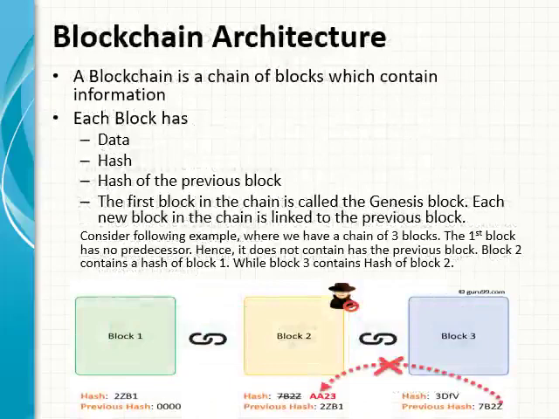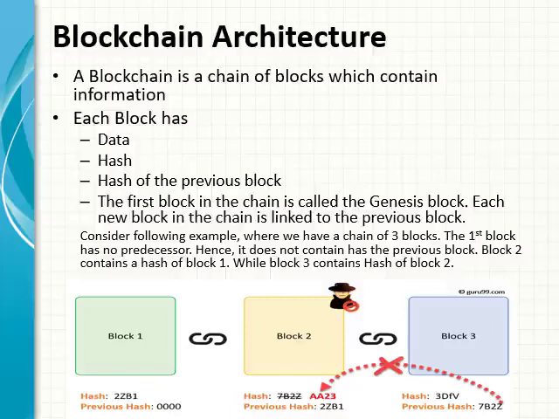Bitcoin is a chain of blocks which contains information, and each block contains three types of values. Each block has data, hash, and hash of the previous block. So you can see the figure. Each block has the data, it has the hash value, and it has the hash value of the previous block.